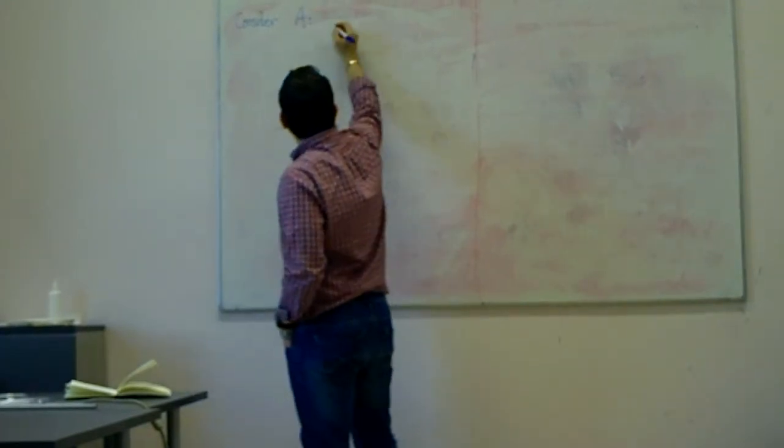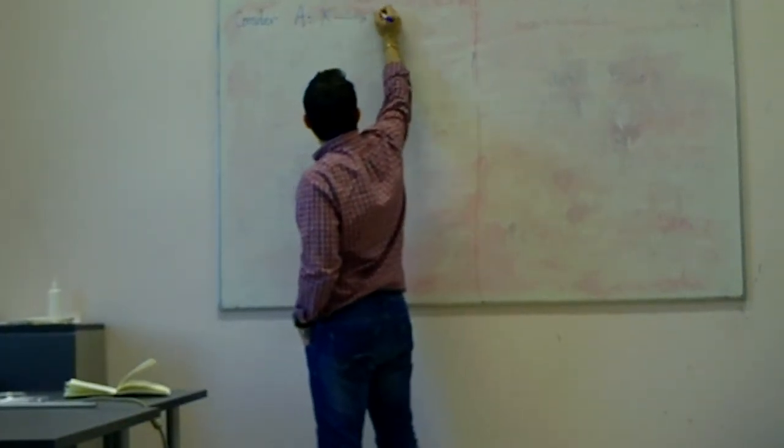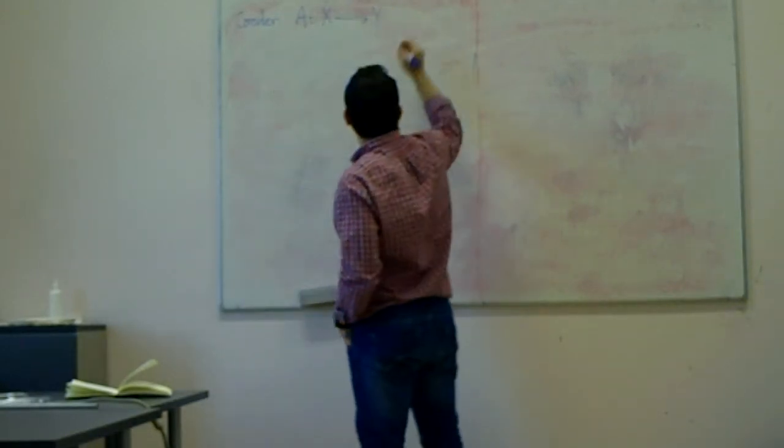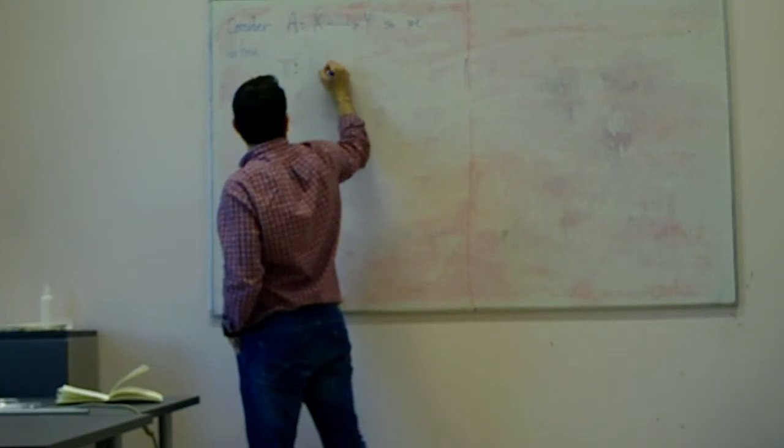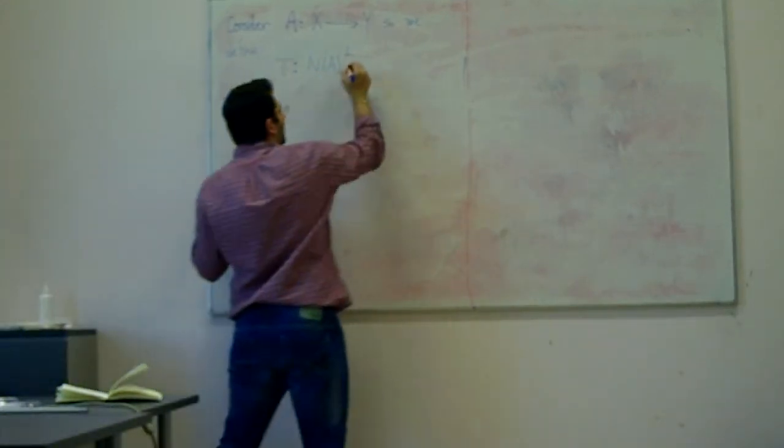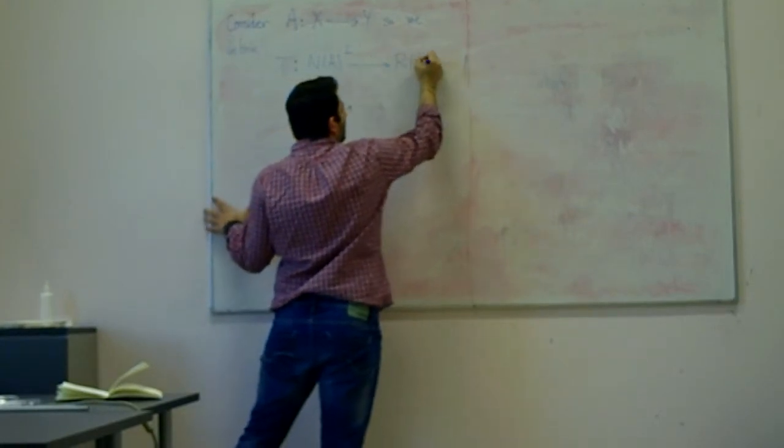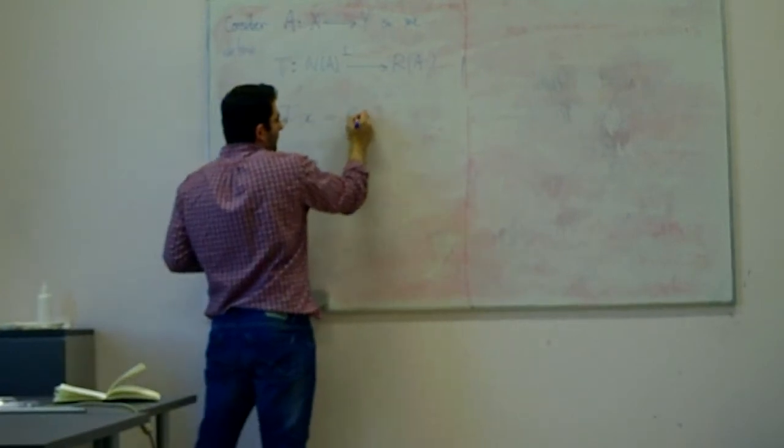a linear transformation A, which goes from X to Y. So we define T to be from the orthogonal complement of the null space of A, the range of A transpose, not the range of A, such that T x is equal to A x.